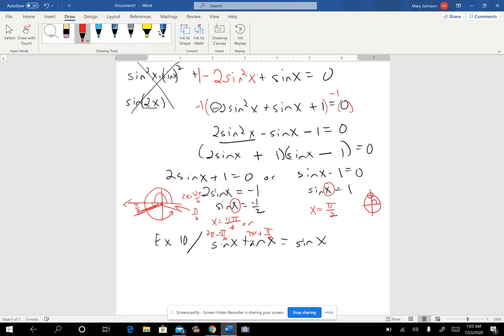That would be 6 pi over 6 plus another one, which is 7 pi over 6. So those are the answers you would get for that side. And then sine of pi over 2 would equal 1. So your three answers are 7 pi over 6, 11 pi over 6, and pi over 2.